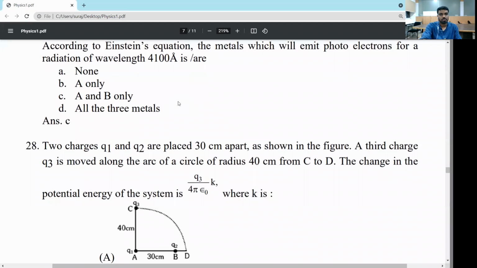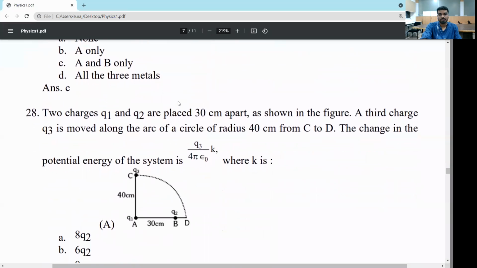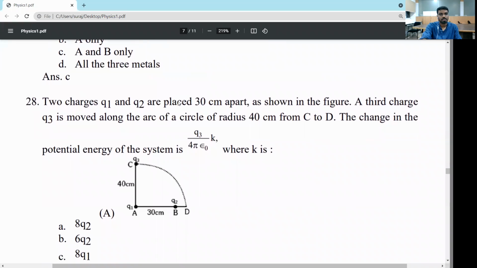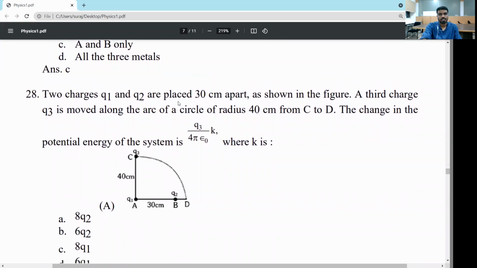Two charges Q1 and Q2 are placed 30 centimeter apart as shown in the figure. Third charge Q3 is moved along the arc of a circle of radius 40 centimeter from C to D. The change in potential energy of the system is Q3 over 4 pi epsilon times K, where K is.